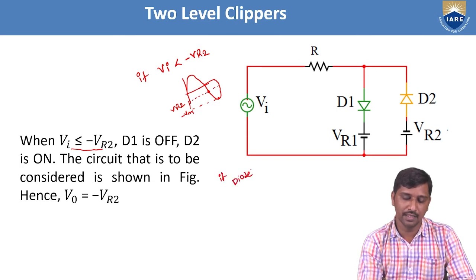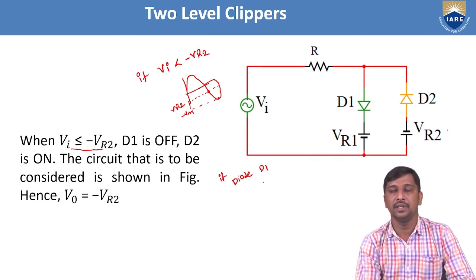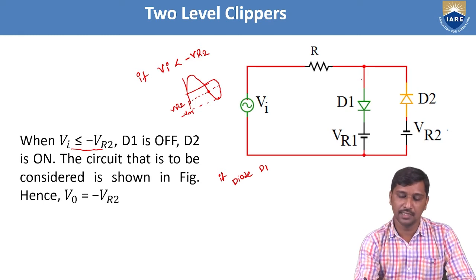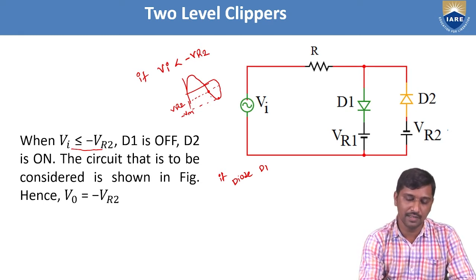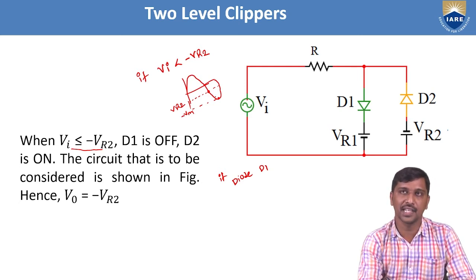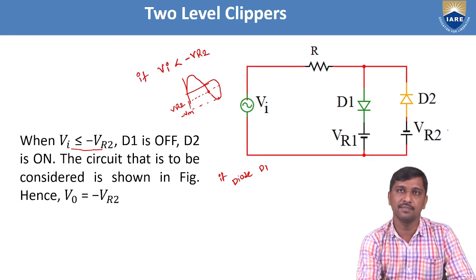diode D1, in a diode D1 the anode is connected to... means when this input signal is less than VR2, during the negative half cycle, the input is passing towards the minus Vm, and whenever it crosses the negative DC reference magnitude, then your signal becomes lesser than the given DC reference source here.